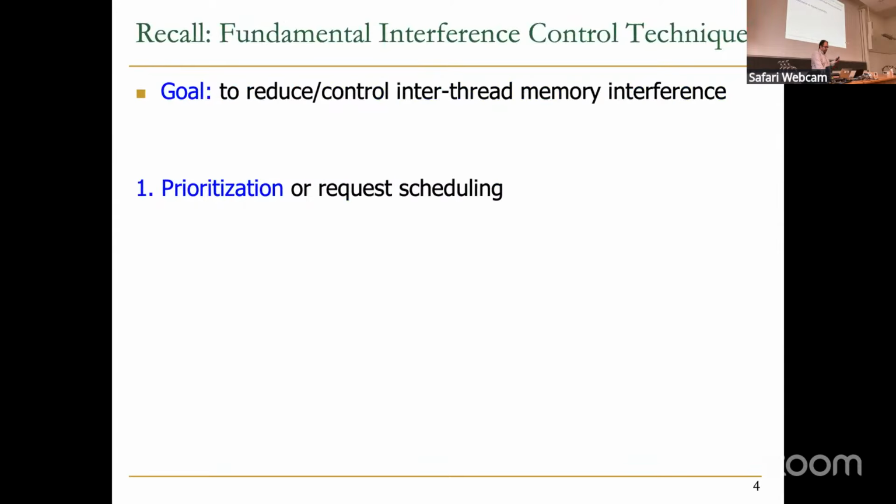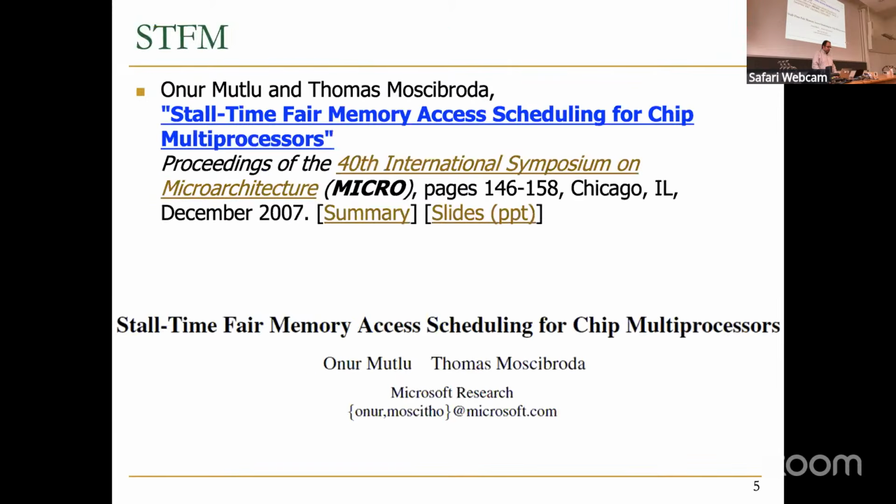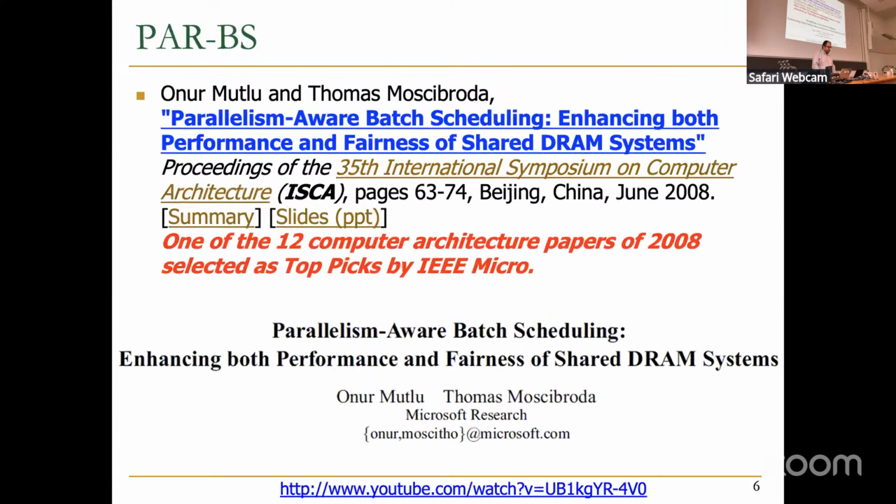So essentially, we try to categorize different techniques in these four categories: prioritization or request scheduling, data mapping to banks, channels, ranks, core and source throttling, as well as application thread scheduling. And we were on prioritization in the previous lecture. We discussed STFM, which is one of the earliest works in this line. And later, toward the end of the lecture, we got to PARBS in order to ensure parallelism.